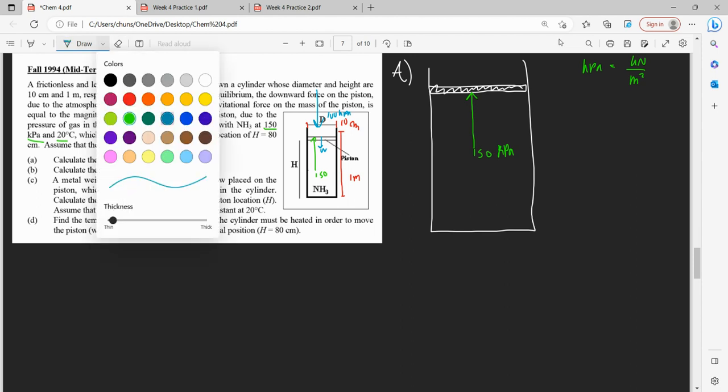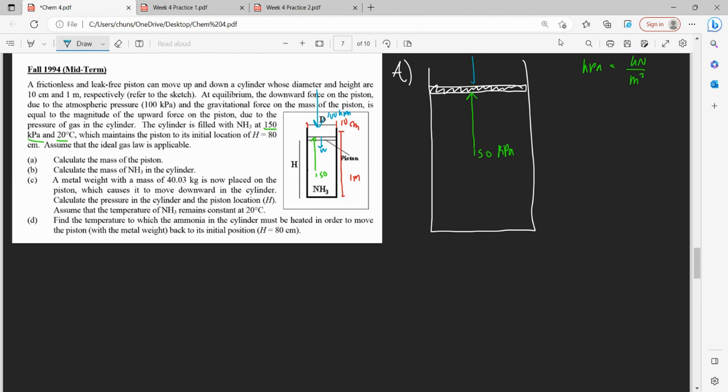So we have our upward force, as well as our atmospheric force that's pushing 100 kilopascals down, and the weight of our piston. We know the weight is defined by mass times our gravitational force, so we can use this to find the mass of the piston near the end of the question.